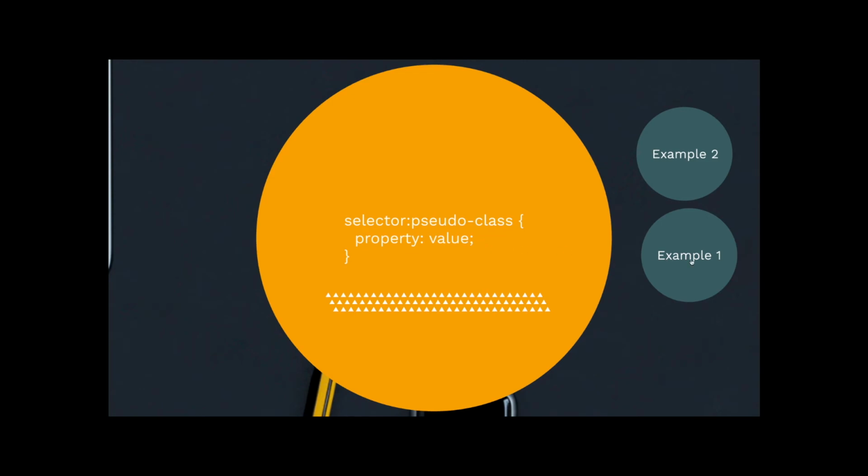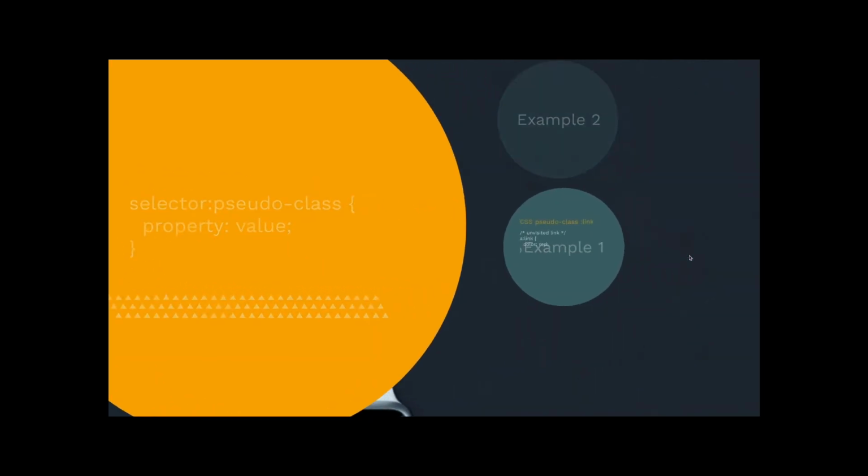So let's go ahead and take a look at some examples. We've got the CSS pseudo class link. This code is going to change the color to red of any unvisited links on your page.